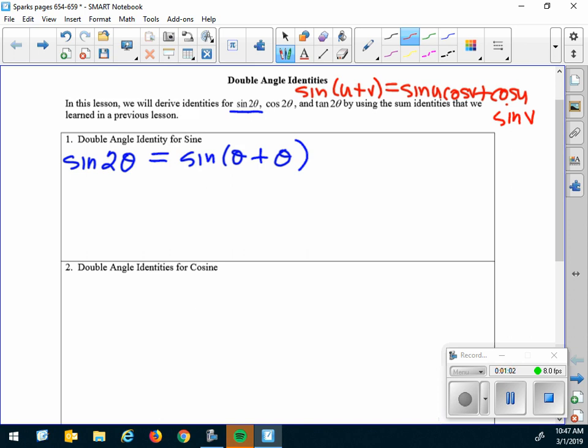Now, what would have to go in place of u? Theta. And what would have to go in place of v? Theta. So this is going to be sine theta cosine theta plus cosine theta sine theta.